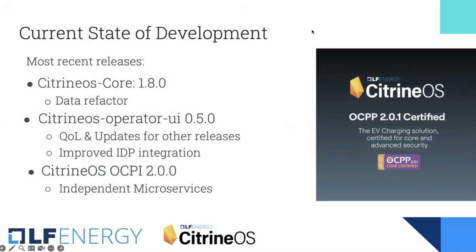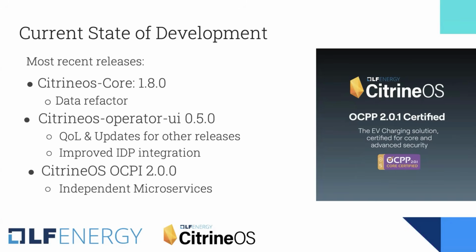Our most recent releases were just a few weeks ago. We had CitrineOS Core with a 1.8.0 release that was a refactor of all the data it stores. CitrineOS is originally based on OCPP 2.0.1. So the data that we stored was originally just directly the data models from that protocol.